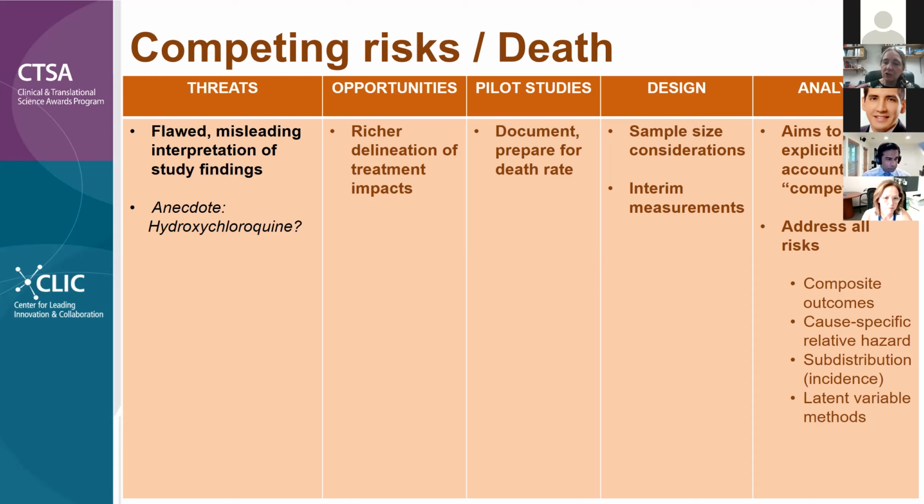The subdistribution analysis is a method for evaluating cumulative incidence of an outcome, where people who die are just recognized as never having the incidence of that outcome. And then latent variable methods attempt to infer the counterfactual, essentially, what might have happened if the competing risk hadn't occurred. And all of these can be useful in various settings, but just justifying the relevance of a given method to one specific goal would be the important thing to do.